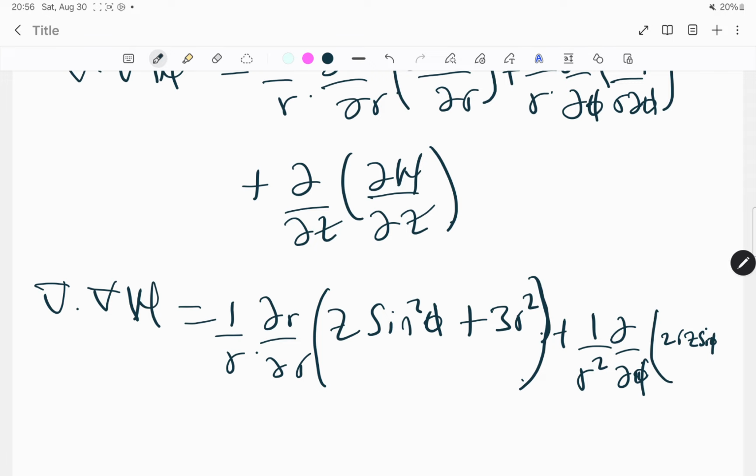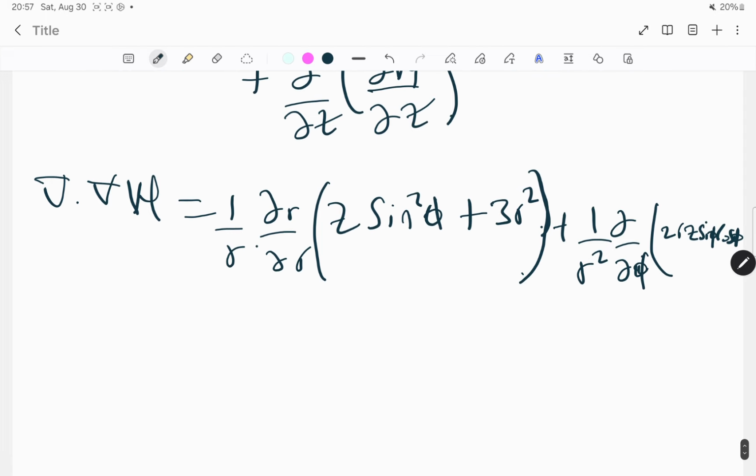That's what we did. And then now we differentiate again. So we differentiate sine phi. Now sine phi will give us cos phi, so we have cos phi, right? Then after that we continue from here.